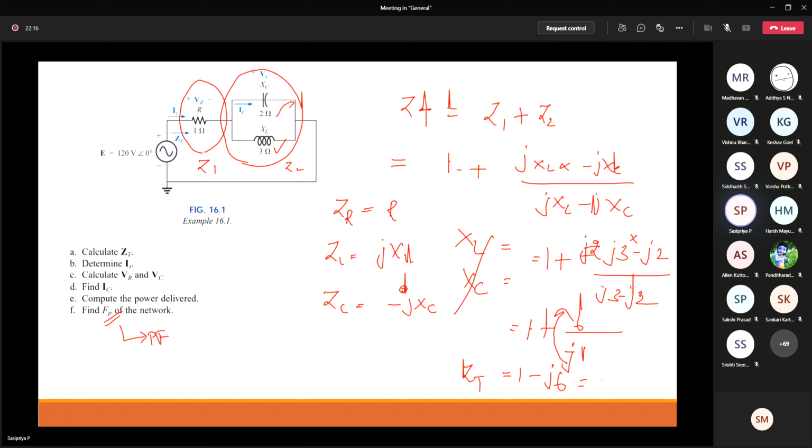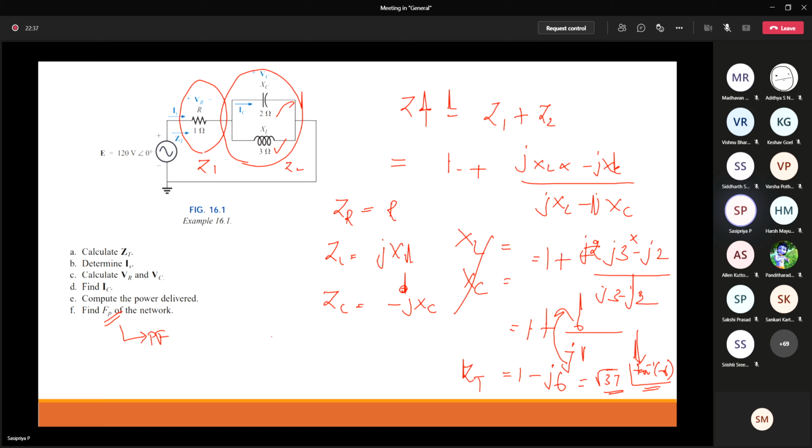So how do I do that? The magnitude is square root of A square plus B square, that is 1 plus 36, square root of 37. And the phase angle is tan inverse of B by A, so tan inverse of minus 6 by 1, which is tan inverse of minus 6. Now I got the magnitude and the phase value.